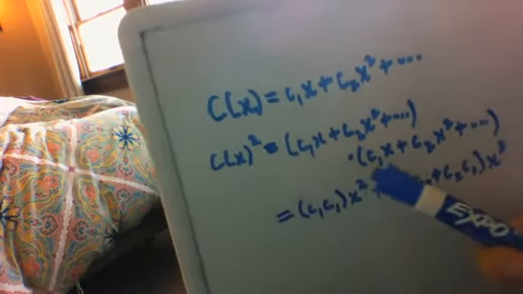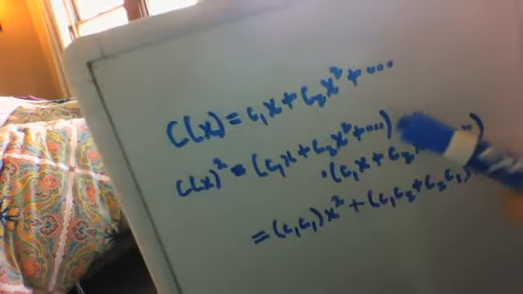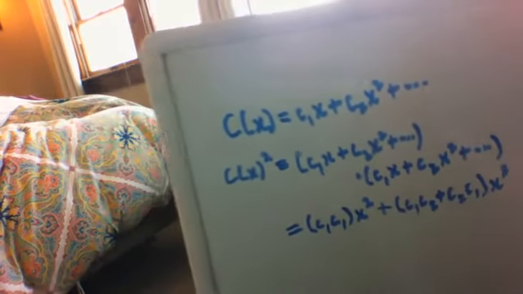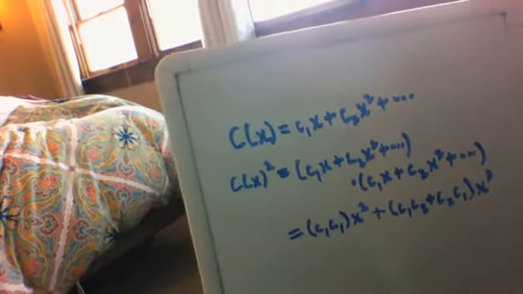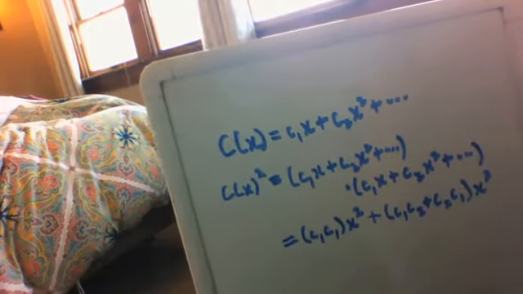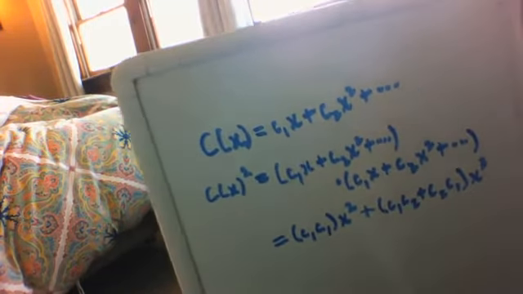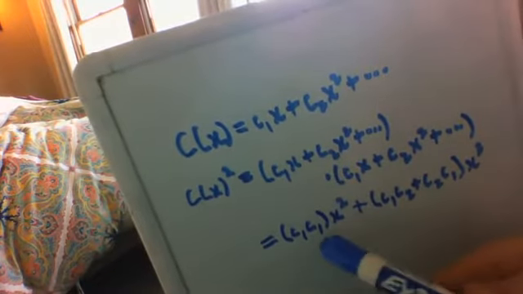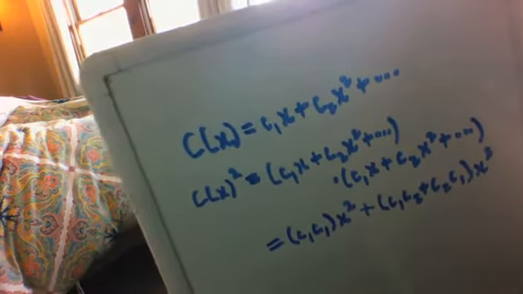Well, obviously, you just write out the power series times itself like this, but then we have to start multiplying this thing together. So what would be the coefficient of x squared? Well, it would be C1 C1. That's what that is right there.